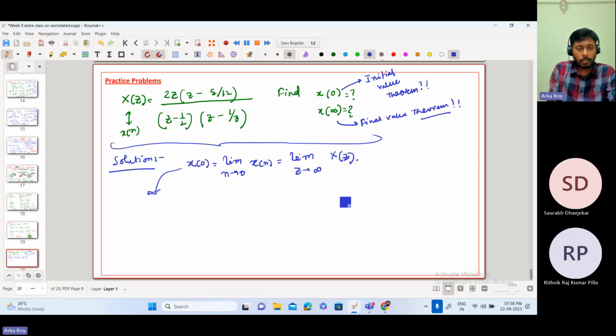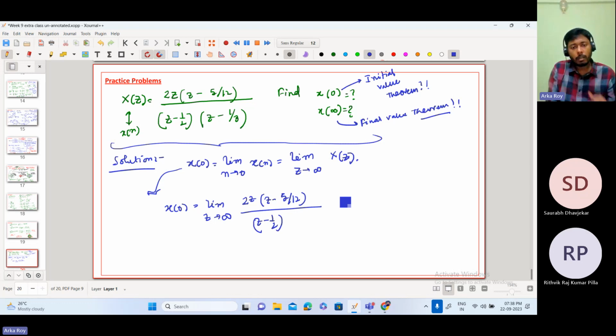Let me just start solving this. So x of 0 is equal to limit z tends to infinite of 2z, z minus 5 upon 12, then z minus half and z minus 1 upon 3. Can anybody tell me what will be the final result of this limit? Anyone?